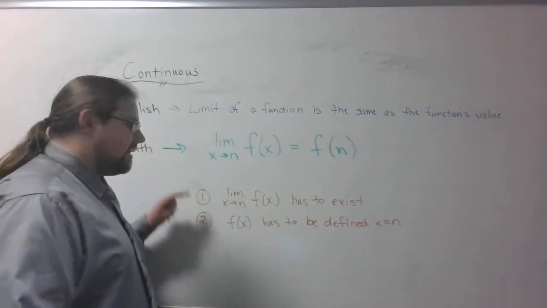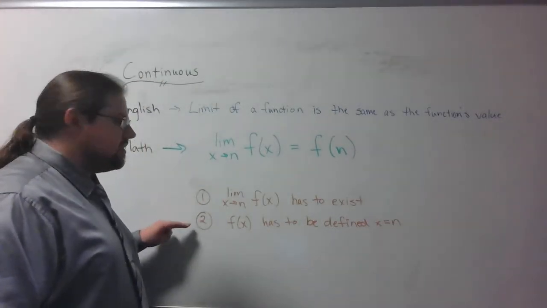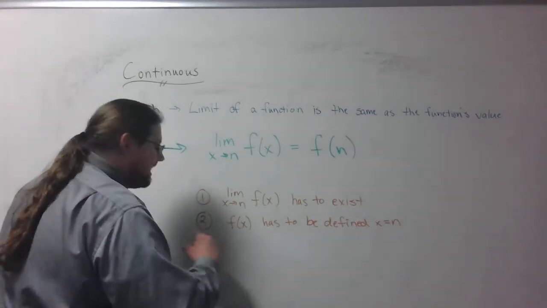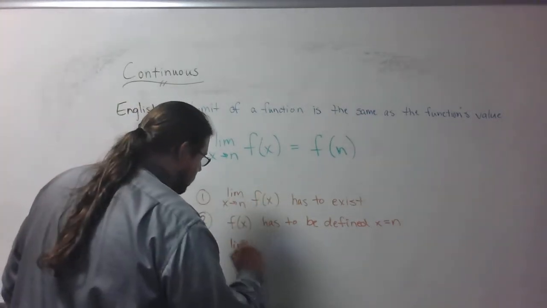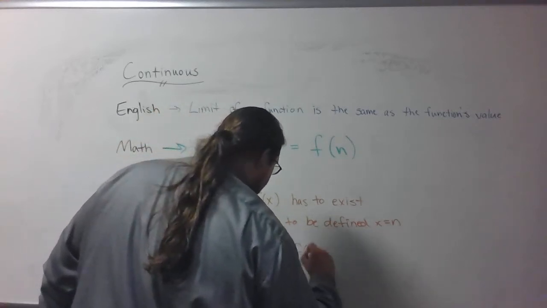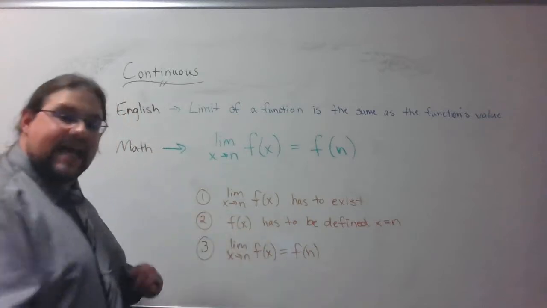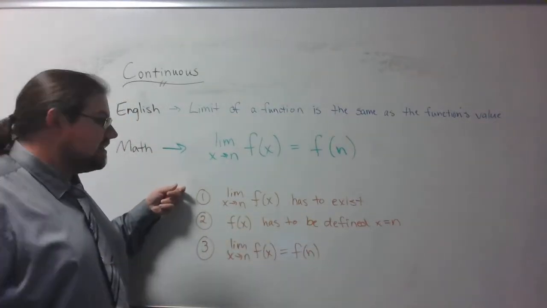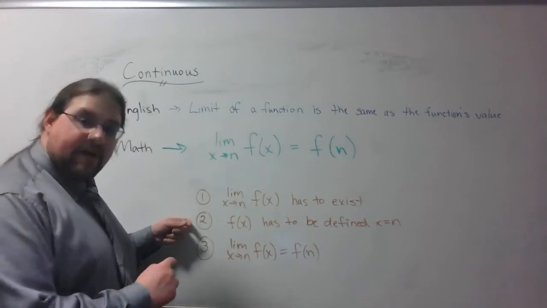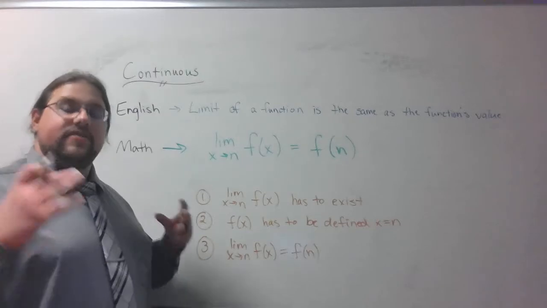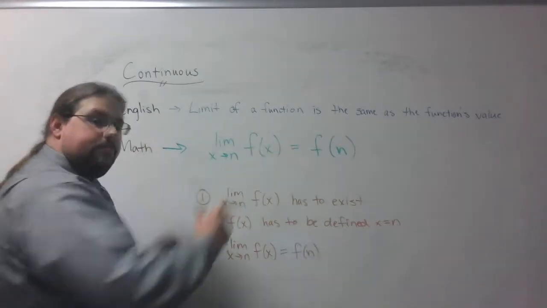Now, let me repeat again. DNE for limits, undefined for functions. All right? The third part is that they do in fact have to be equal. They have to make the same number. So there's actually three parts. Number one, it has to exist, it has to be defined, and they have to be equal. So that's all really important stuff that's going on in this one very simple statement.